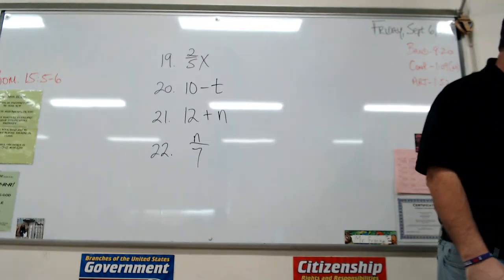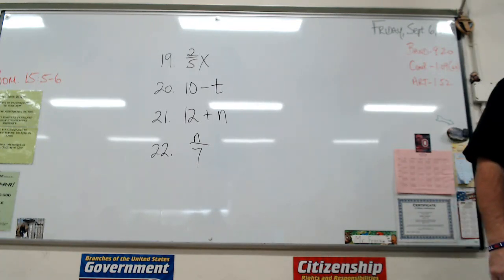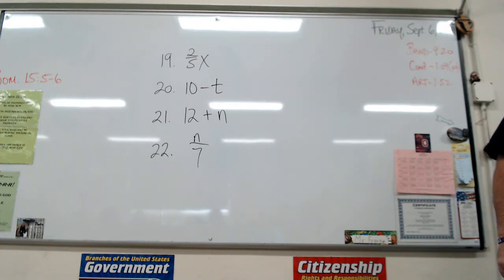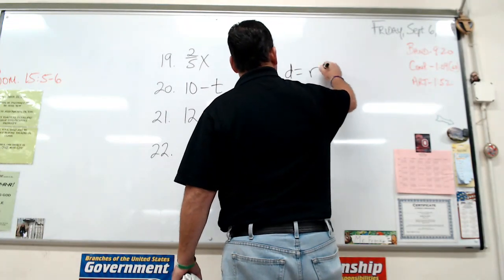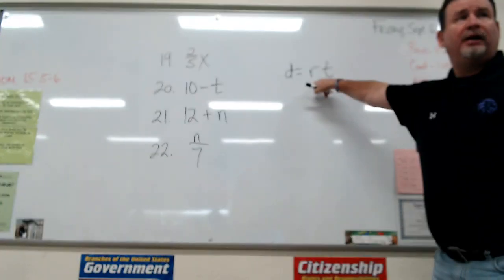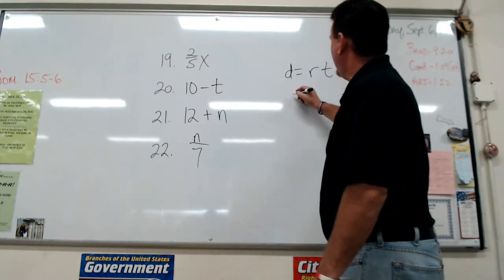Okay, number 23. Evaluate the expression 9t to find out how many miles you go if you're going 9 miles per hour. They gave you your rate. How far do you go then, number 23, if you ride your bike for 2 hours?